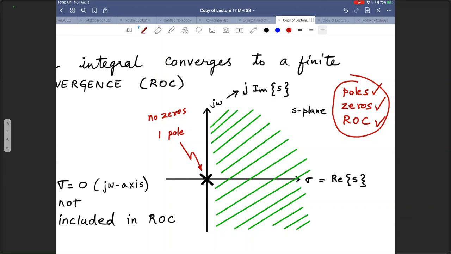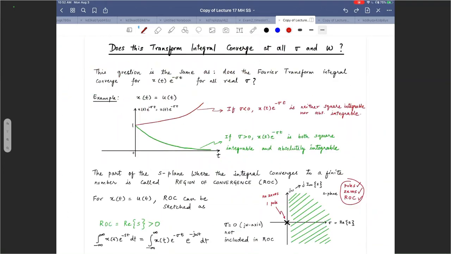Zeros are indicated by drawing circles like that, and there are no circles drawn on this S-plane. So I've indicated that there is a pole at 0, when S is 0, and there are no zeros in this complex S-plane. And on the next slide, we will talk about where that pole comes from. How did we get that? On the next slide, I'll take a look at that.